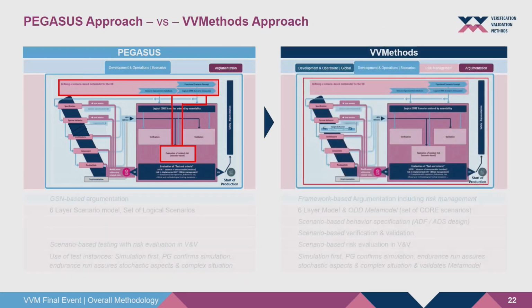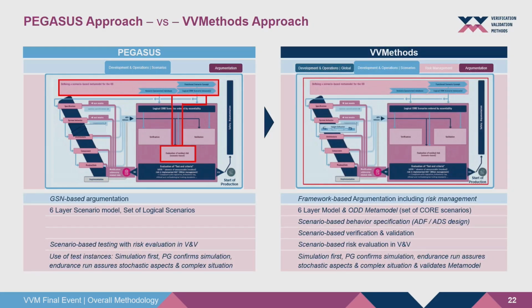So let's come back to Pegasus. What are the differences? Uli Eberle showed you this slide in his presentation. If you look at these slides, I think it is clear the difference: a very small view of Pegasus on the problem, and a broad view and broad integration of the V&V method approach into the complete design, verification and validation process.